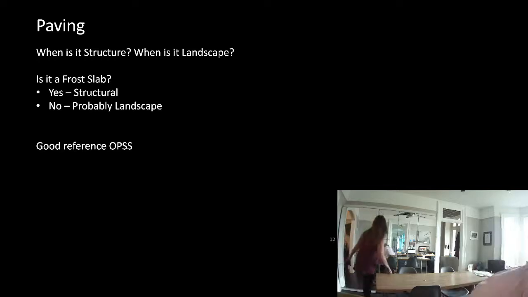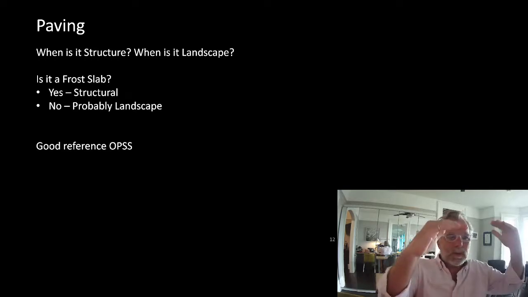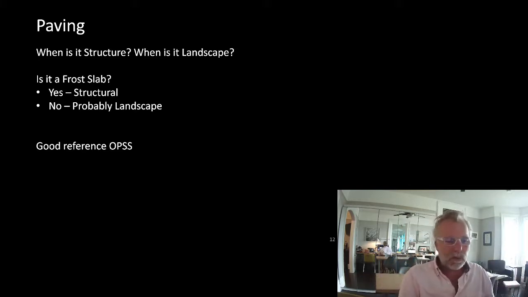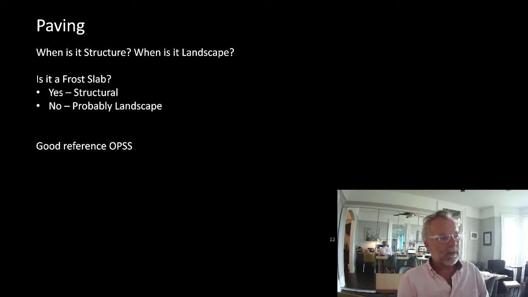Okay. So, what is a frost slab? A frost slab is a slab that is controlled to prevent movement due to frost. So, let's back up again. You probably know very little about geotechnical engineering, but you are probably aware that ice cubes float when you put them in a glass of water or in a cocktail.